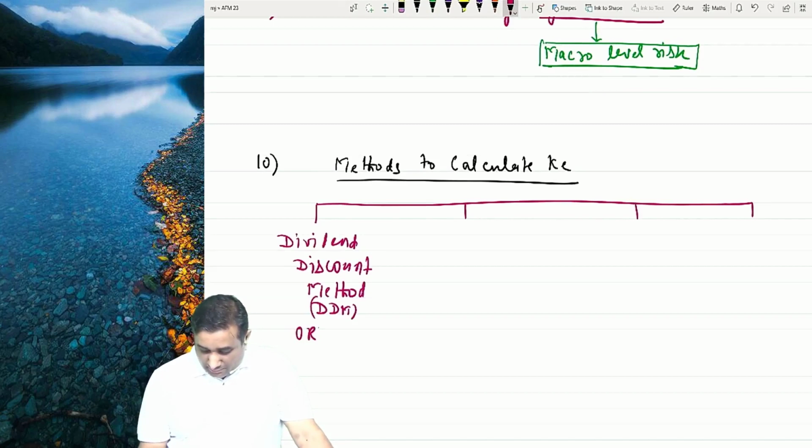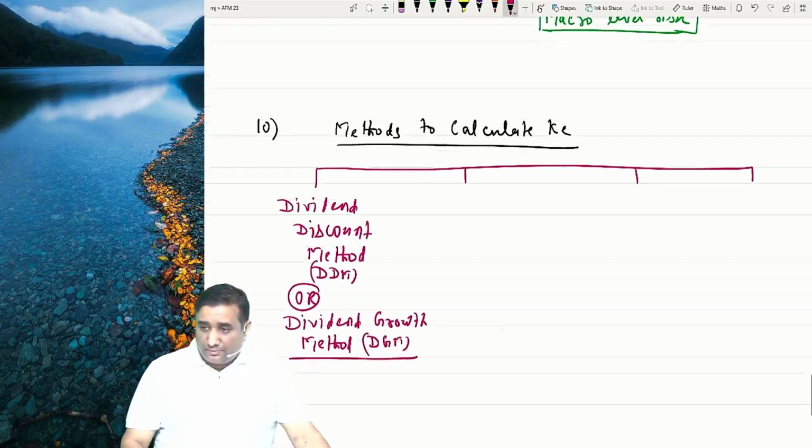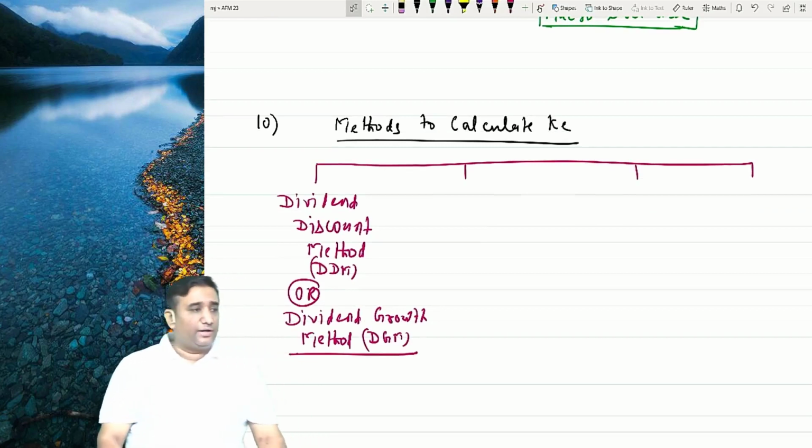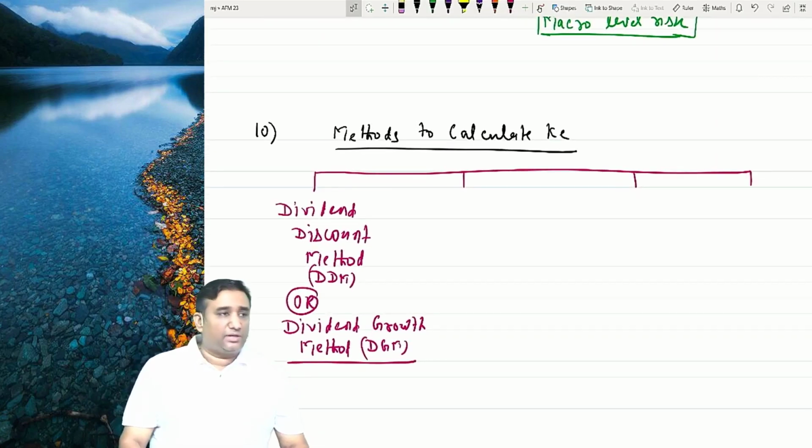DDM or dividend growth. One of the most important formulas. In fact, you had the full dividend chapter in your inter level.